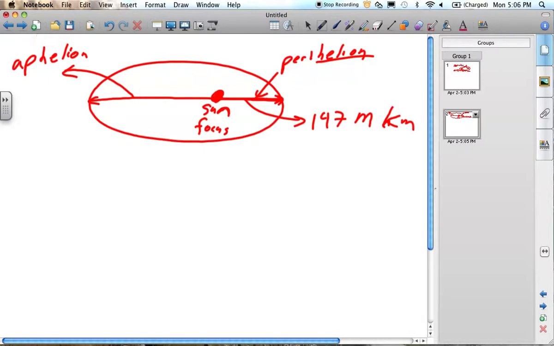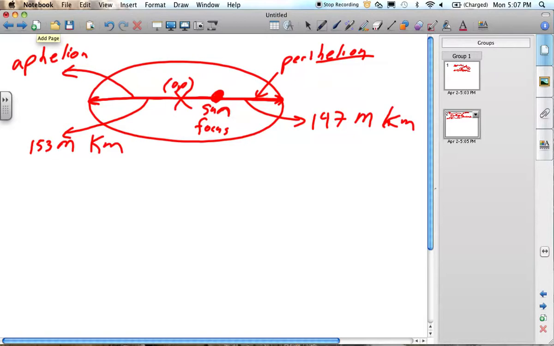And the distance at aphelion, which is the farthest, is 153 million kilometers. So what we want to do is write an equation for this, and we're going to put the origin (0, 0) at the center of the solar system, not at the Sun, that's at a focus, but at the center of the solar system.